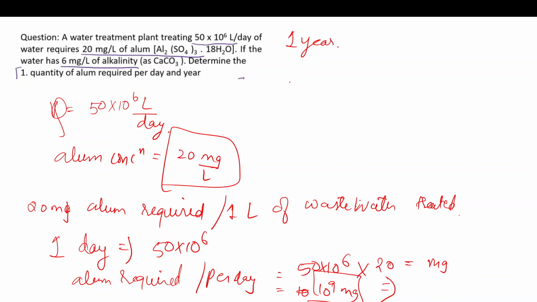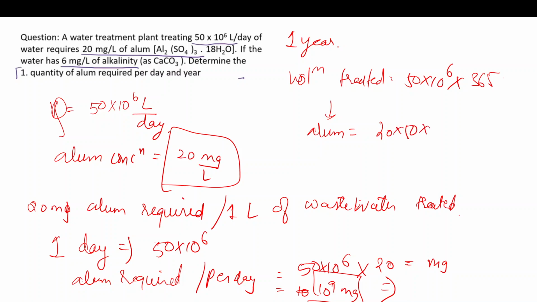you multiply, like the volume treated will be 50 into 10 to the power 6 into how many days in a year? 365, right? So this much will be the volume treated, and now you multiply this with 20: 20 into 50 into 10 to the power 6 into 365, which will be the amount of alum required in milligrams.